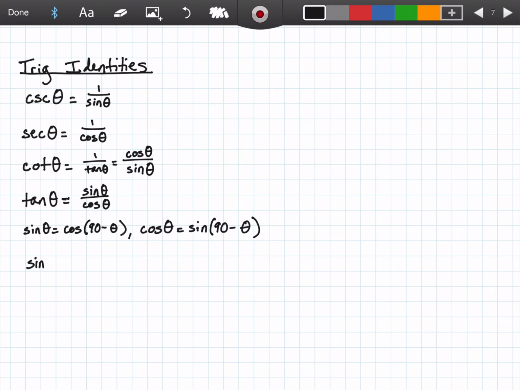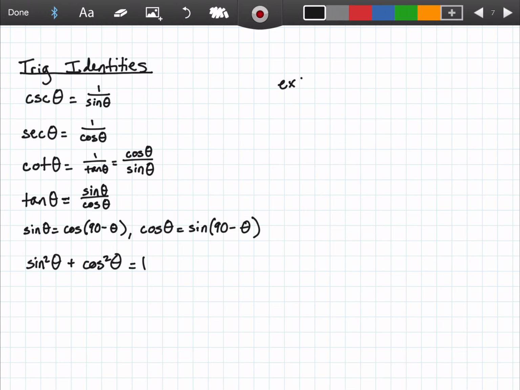So the big one, sine squared plus cosine squared equals 1. We also talked about the other forms. So we can manipulate that identity. So we could subtract sine squared from both sides and we get cosine squared equals 1 minus sine squared, and all that. And then we talked about others. I'm just going to keep it focused on that one.